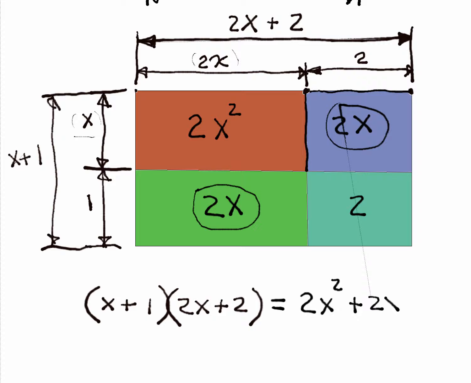Let me try that again. That's in erasing mode. Here we go. 4x plus 2.